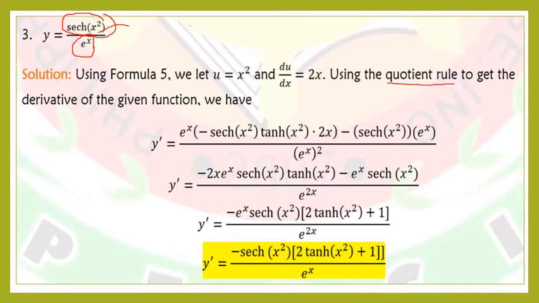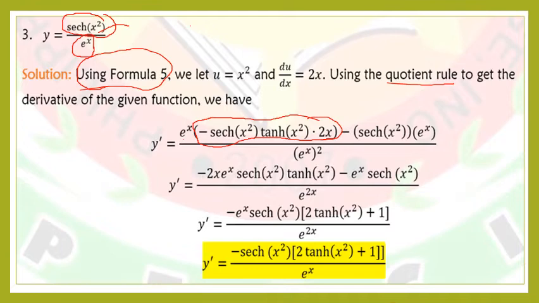Our low is e to the x, and the derivative of our high is negative hyperbolic secant of x squared times hyperbolic tangent of x squared times 2x, the derivative of u. Take note that formula 5 was used here for the derivative of the function above. This is the derivative of our high, or upper function. Minus our high, hyperbolic secant of x squared, times the derivative of our low, e to the power of x, which stays the same.